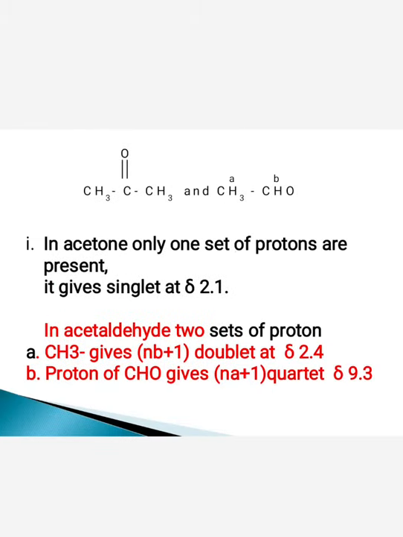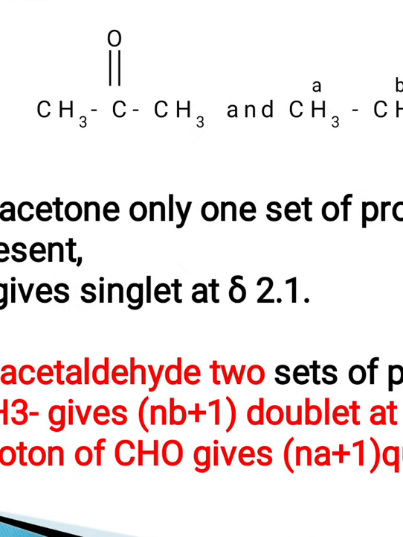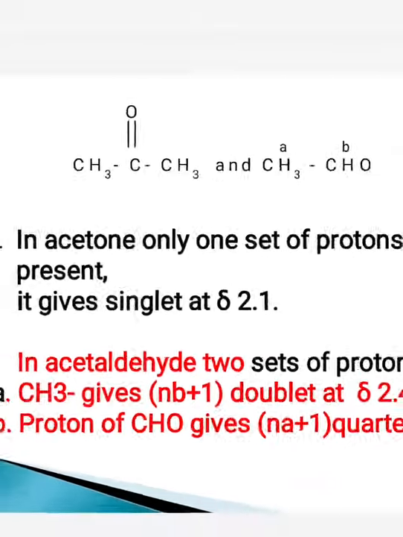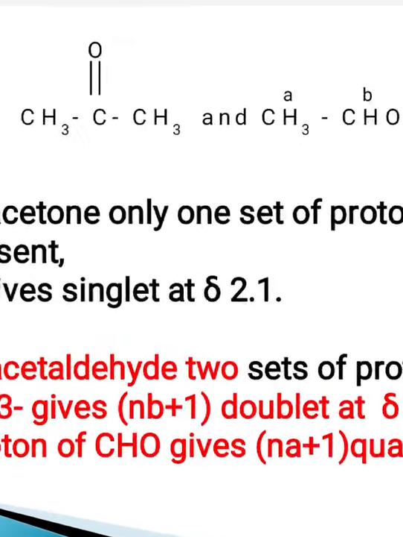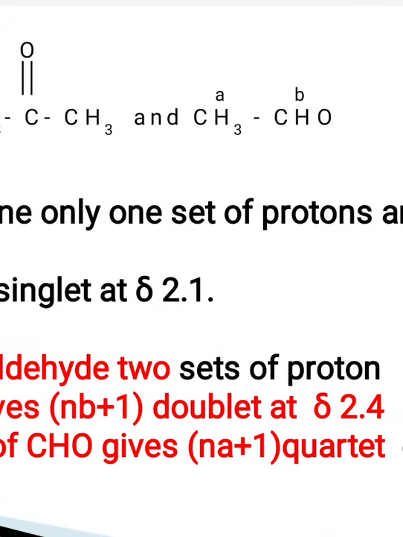Let us consider the second example, that is acetone. How will you distinguish acetone from acetaldehyde? In acetone, both the methyl groups are equivalent, so we get only a singlet on the NMR scale at del 2.1 with the intensity height of 6 protons. That singlet gives the intensity height of 6 hydrogen atoms. While in acetaldehyde, there are two sets of protons, CH3 and the second one is the CH.